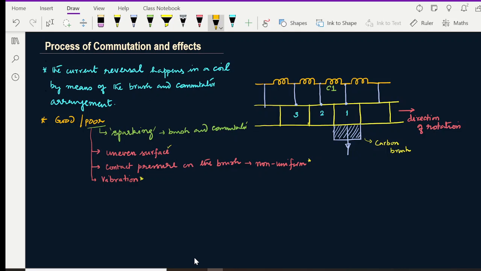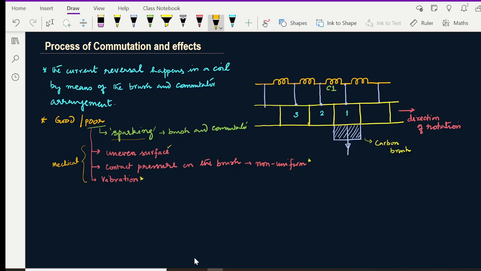All the poor commutation, that means that which leads to sparking, is it only due to the listed mechanical reasons, or is there any electrical reason? It is identified that yes, there is an electrical reason behind the sparking in the commutator segment. So let us look at that now.